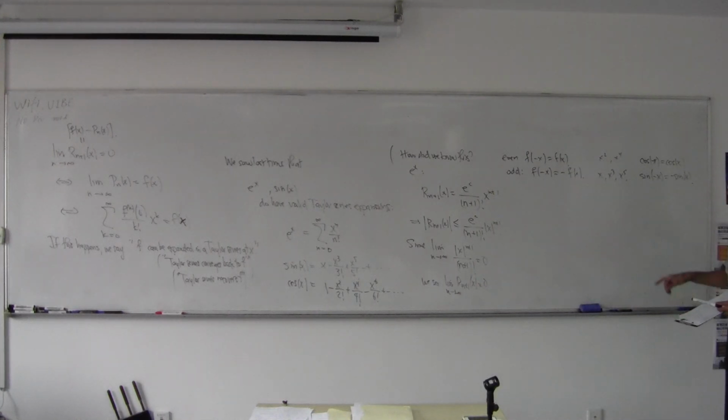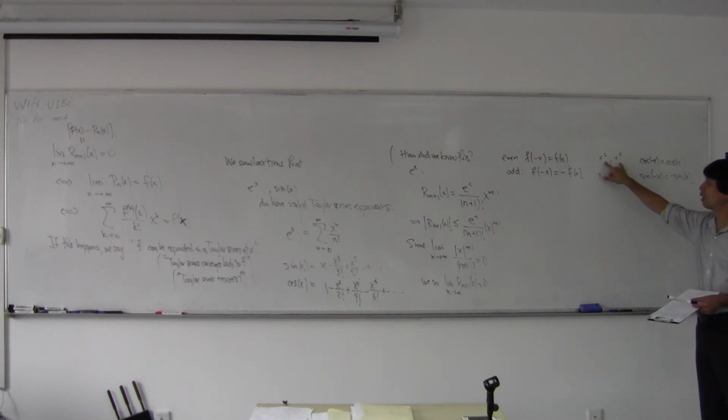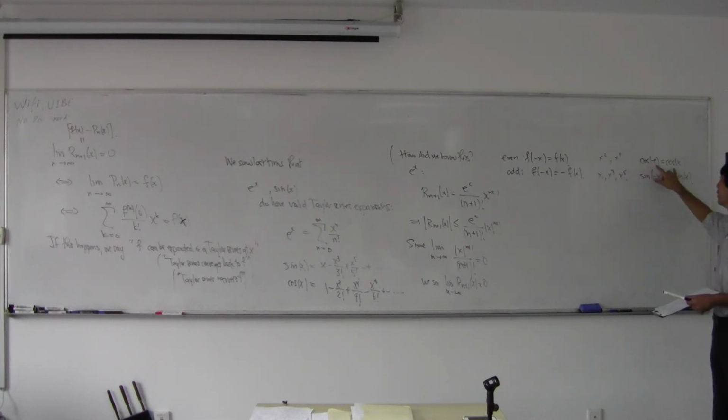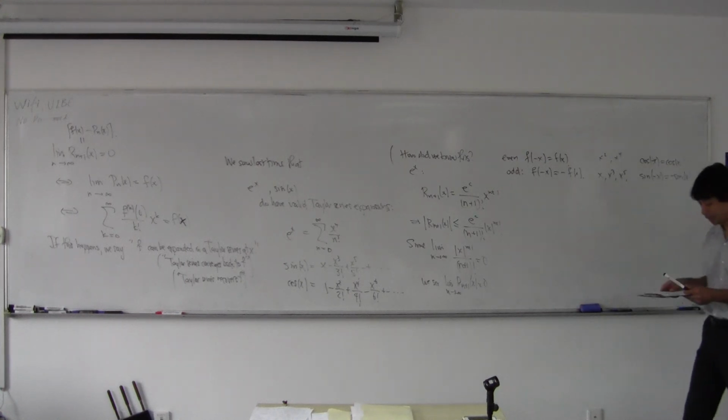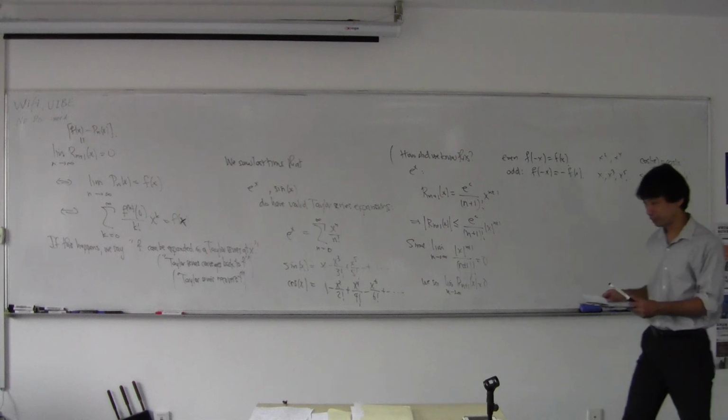So, in case at that time you were thinking, are all even functions just things with even powers? And then somebody said, oh no, what about the cosine? But in fact, the cosine is something with only even powers. Anyway, okay.